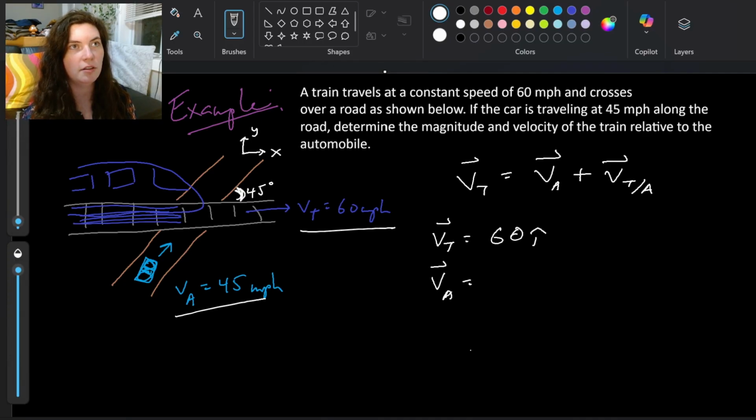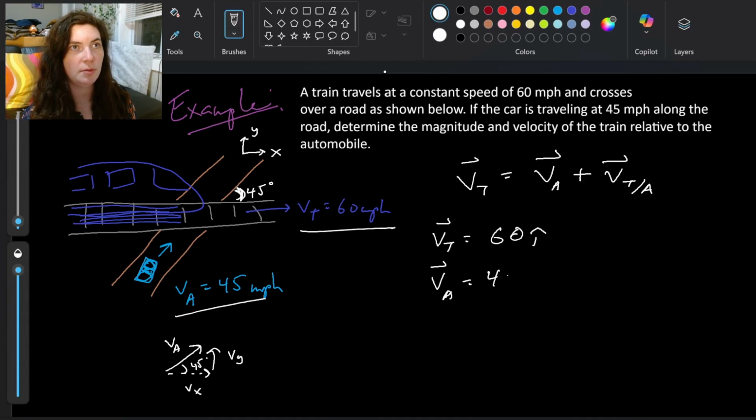We're going to look at our V for our car. So we know it's 45 miles an hour. That road is making a 45-degree angle with the train, and if the train is going perfectly in the X, that means that my triangle for this VA, to find the X component and the Y component, is going to have that same angle of 45 degrees.